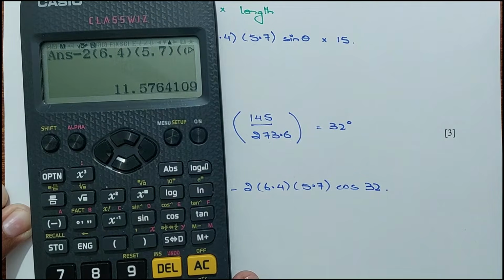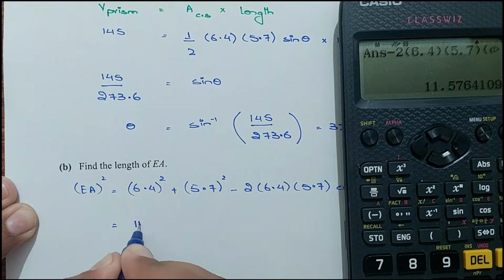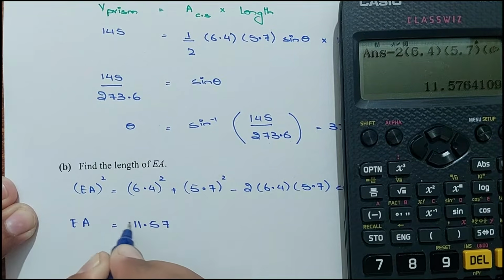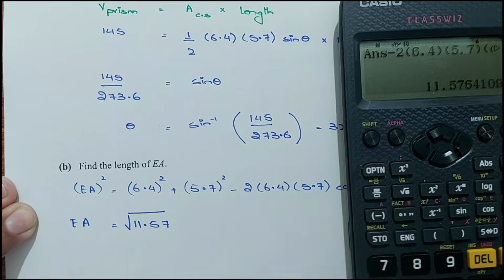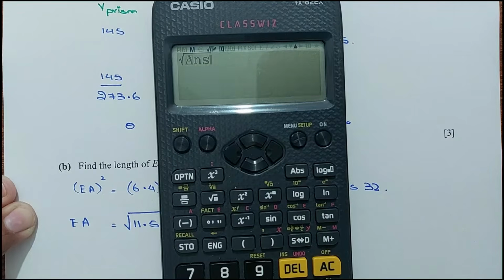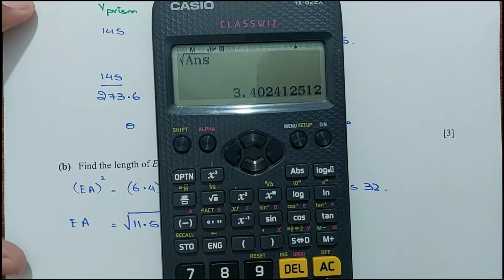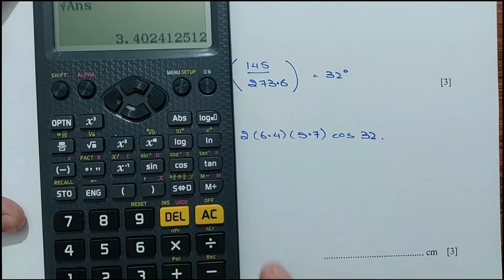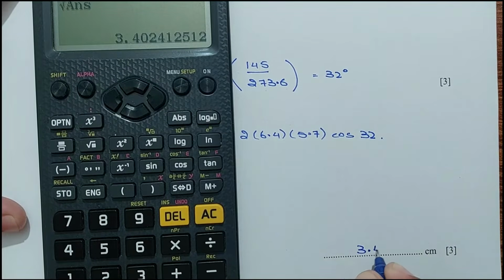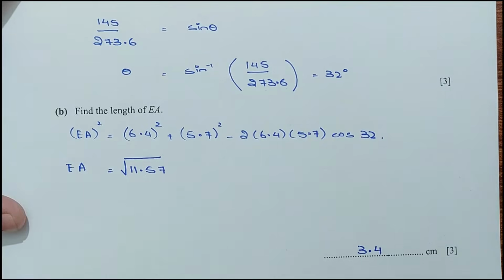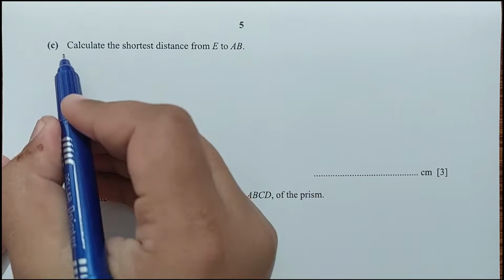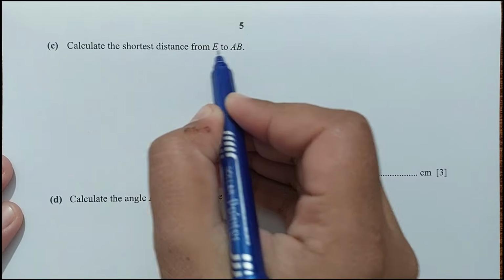Okay, and this should be 11.57. This should be EA squared, and doing a square root, so square root of the answer, 3.4 centimeters. Right. Now for part C, calculate the shortest distance from E to AB.